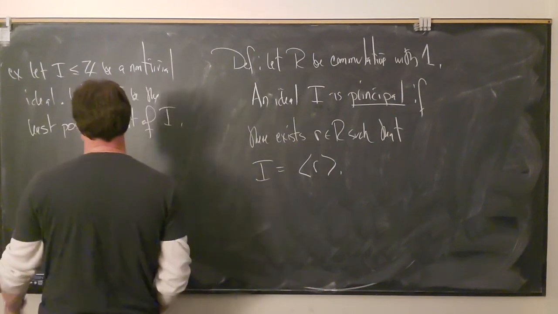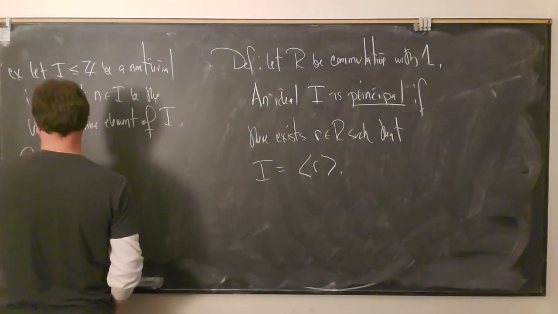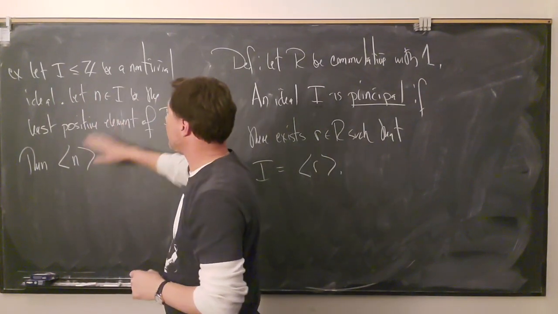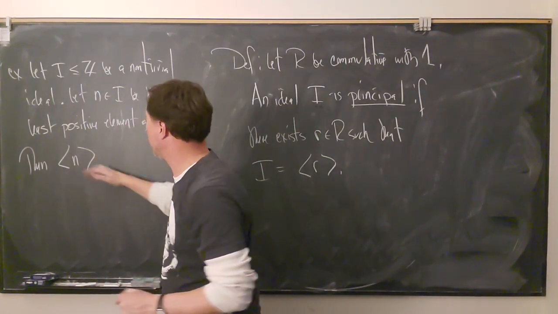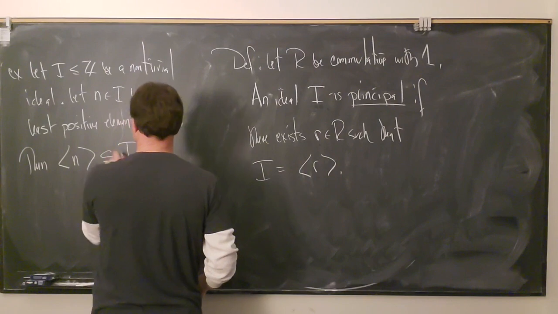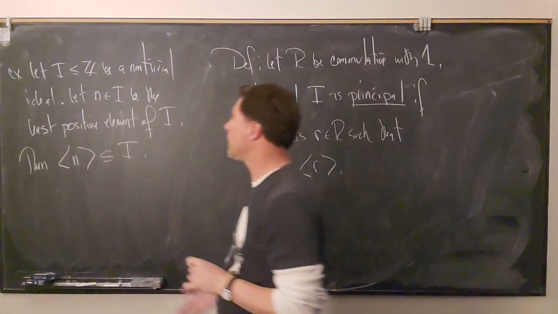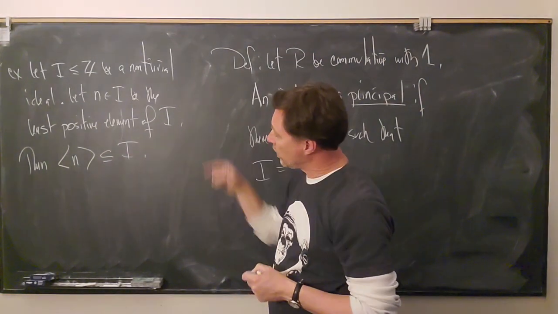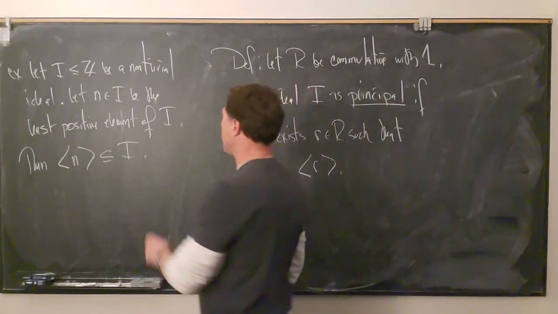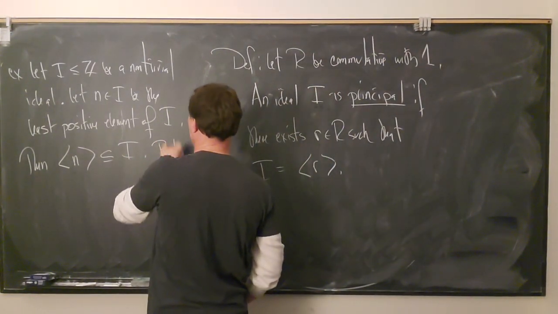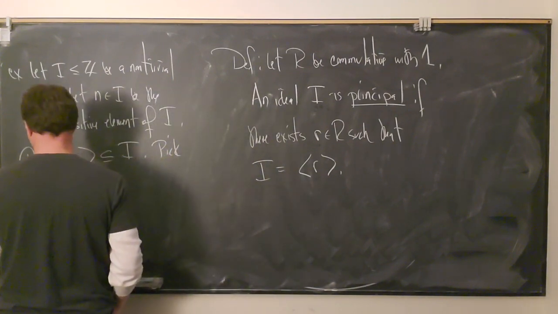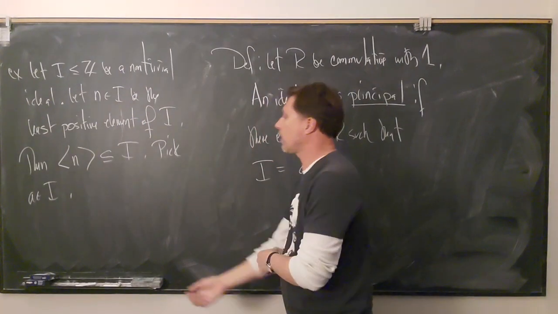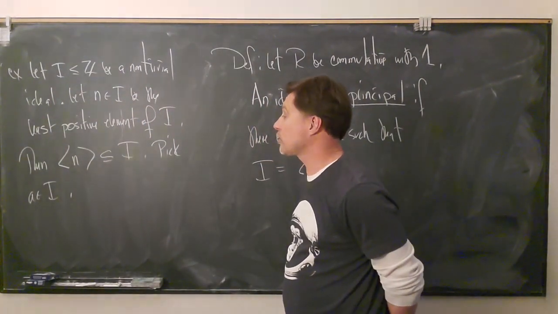Since little n lives inside I, the ideal generated by n has to be inside I as well. So we've got containment in one direction for free, just by definition. Now I want to show the opposite containment. So let's pick little a in capital I. I need to show that it lives inside the ideal generated by n.